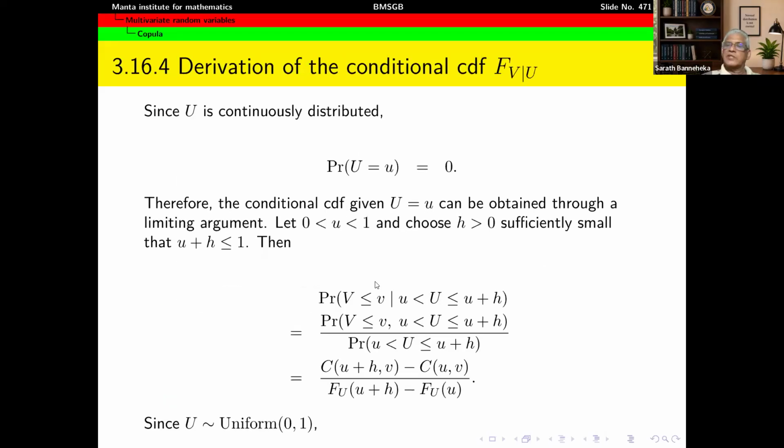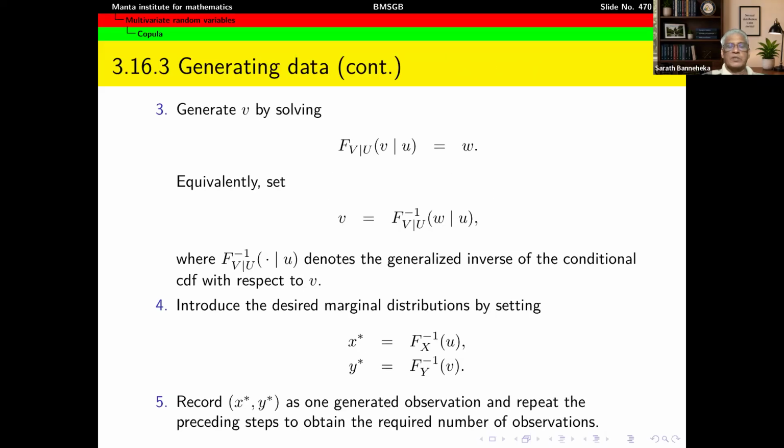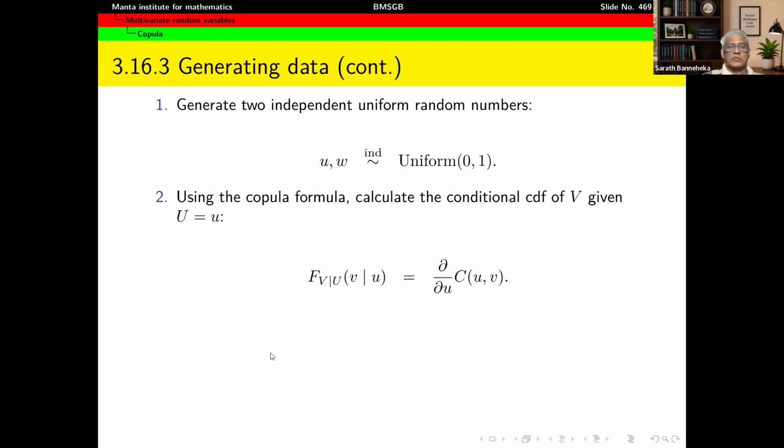I have included some other theory here, but I am going to omit that part. What I have shown here is that, in order to get this expression, we need to take the derivative of the copula. This expression I have not proved, I have just mentioned here.